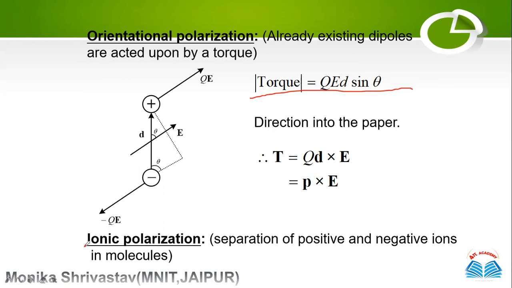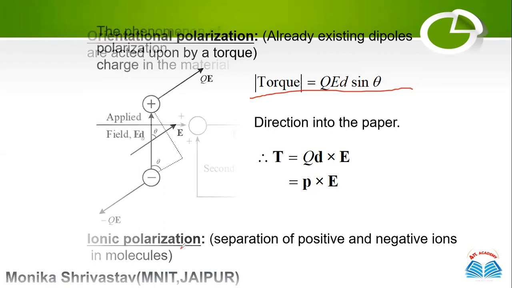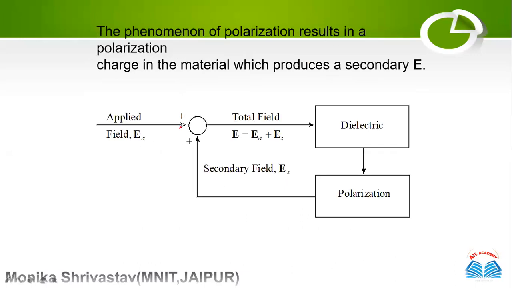And if we talk about ionic polarization, that means separation of positive and negative ions in molecules. We are not talking about charges here; we are talking about ions. The phenomenon of polarization results in a polarization charge in the material which produces a secondary electric field.